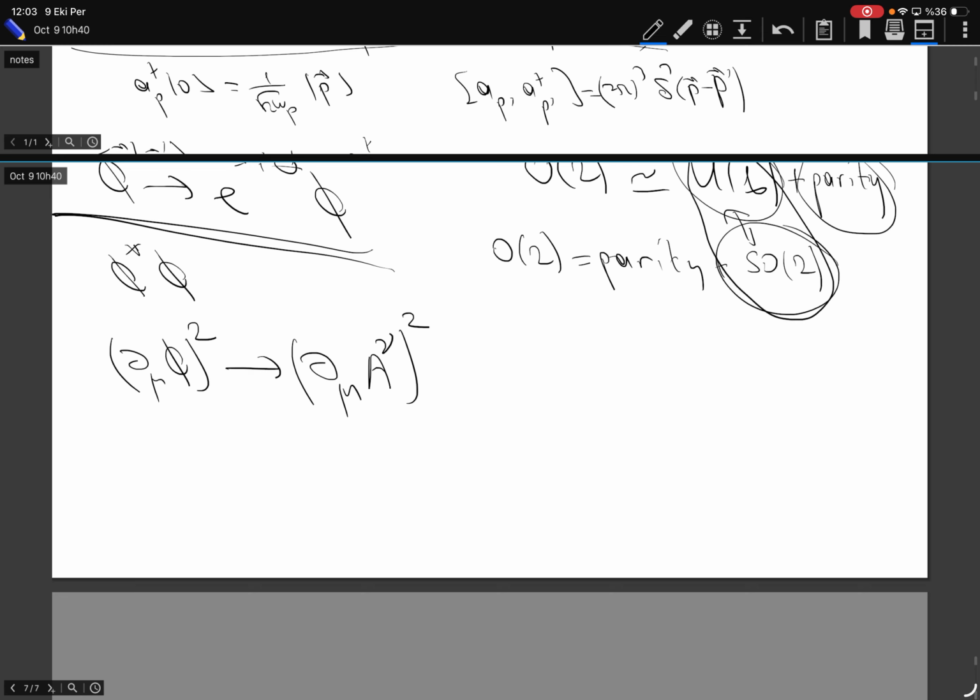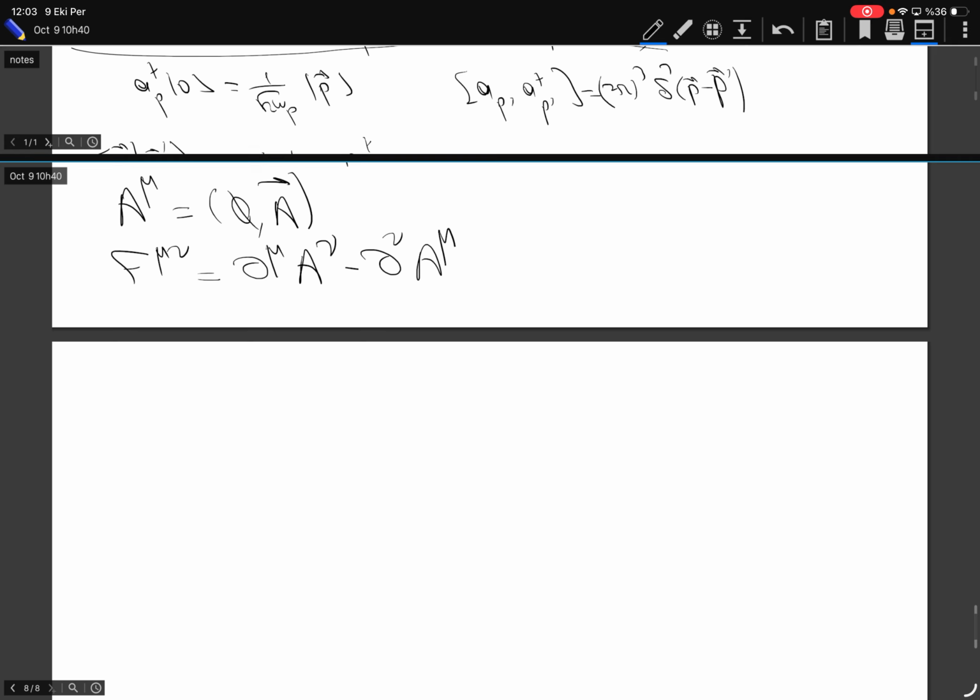Okay, the more well-known vector field we will have is the vector potential in electromagnetism. This A mu, you have the scalar potential and the vector potential. We have the Lorentz field strength tensor. And we usually write the Lagrangian as minus 1 over 4 F squared.